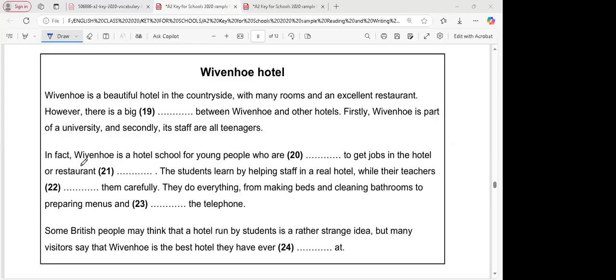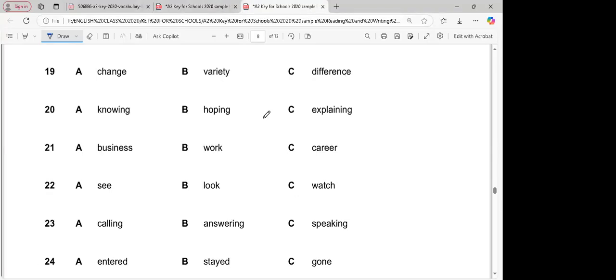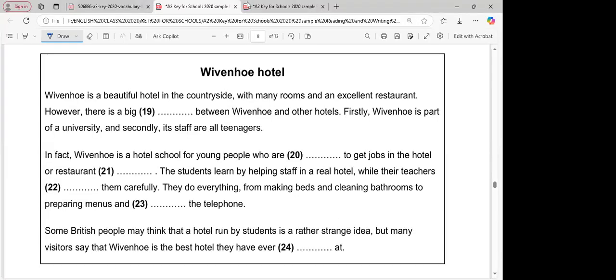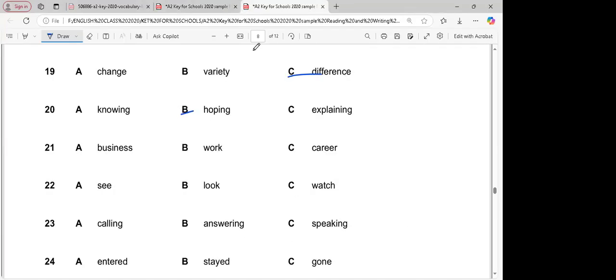Next one. In fact, Women Who is a hotel school for young people who are knowing, hoping, explaining to get jobs. What's it, teacher? Hoping, because to get jobs, no? So the answer for the 20th one is B, hoping. Is the answer C?